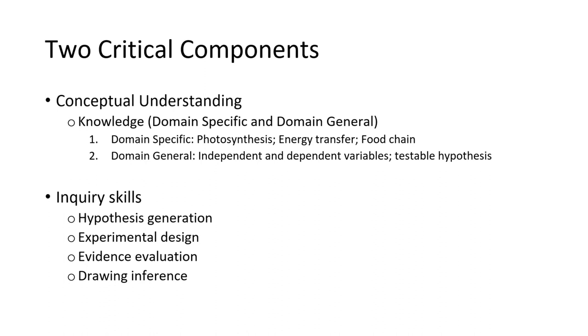You wonder if you can keep your house warm enough when you reduce the temperature. Knowledge of how to conduct experiments is what we call domain-general knowledge. Domain-general knowledge relates to inquiry skill. In the next slide, we will focus on scientific reasoning skill, which is knowledge plus inquiry skill.